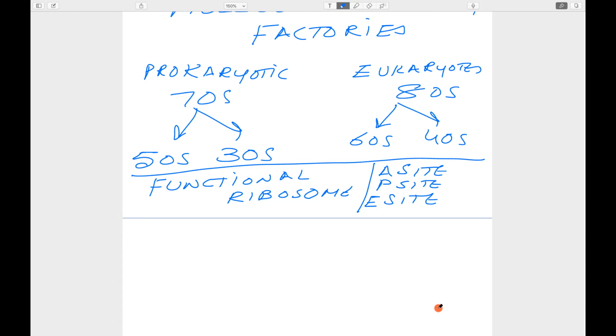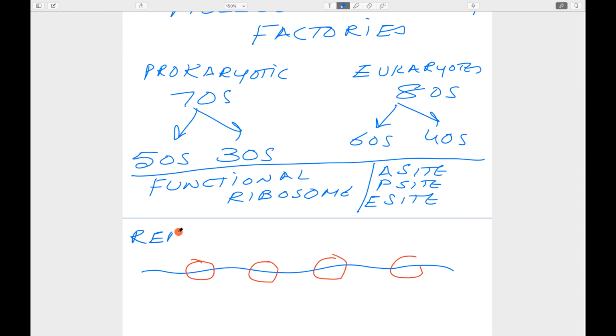The next aspect is how the ribosomes are present in the cytoplasm. The ribosomes are present in the cytoplasm in association with the endoplasmic reticulum. Okay, so there is a combination of rough endoplasmic reticulum and ribosomes. The association is there, so that combination. These various ones which are present are ribosomes.